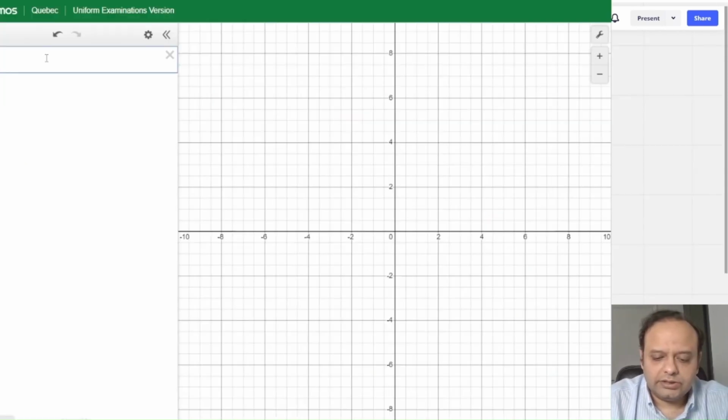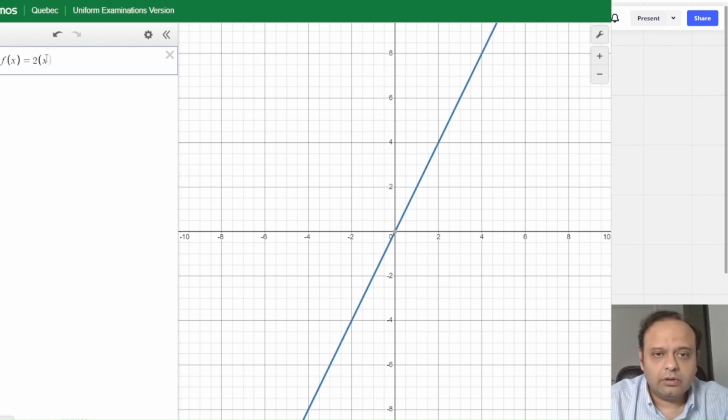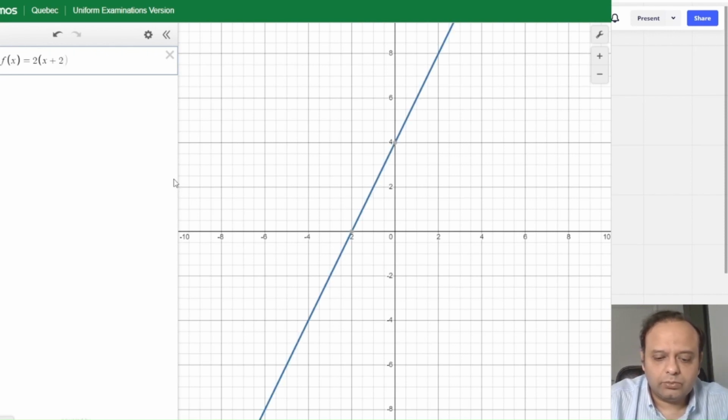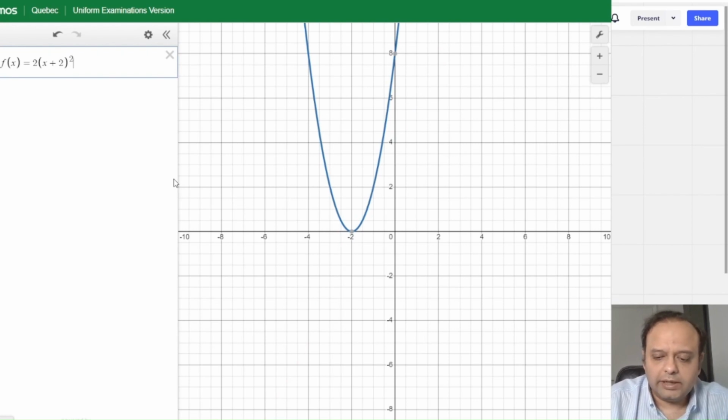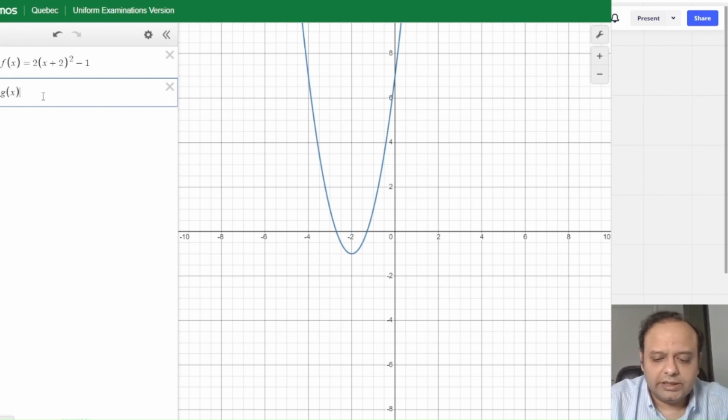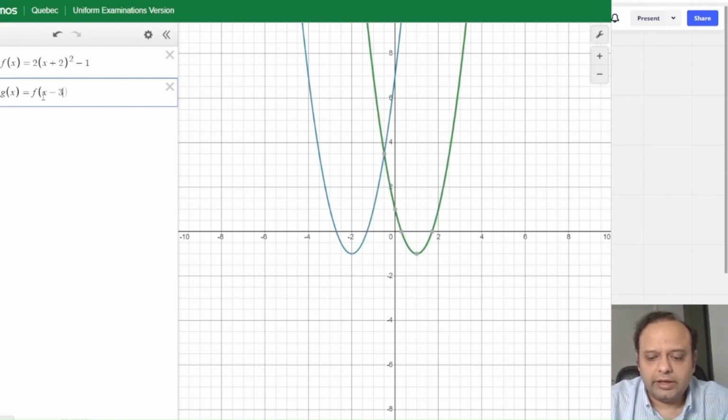So let's just define the function first. Sorry. So f of x equals 2 times x plus 2 whole square minus 1. But we are going to make a transformation, which is let's call it g of x equals f of x minus 3, right?